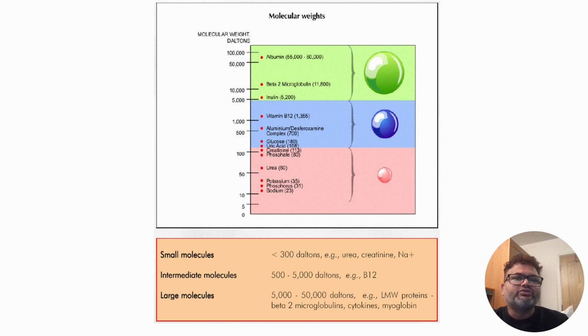We don't focus too much on removing bigger molecules, but in cases of toxicology it becomes more important that we use hemofiltration, because in hemofiltration we can more efficiently remove bigger molecules.